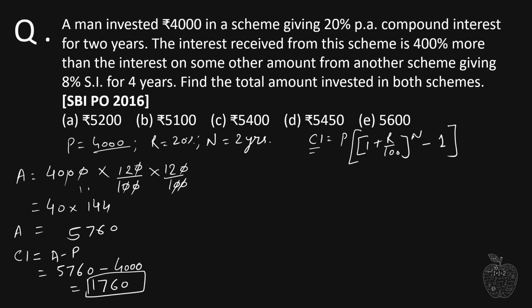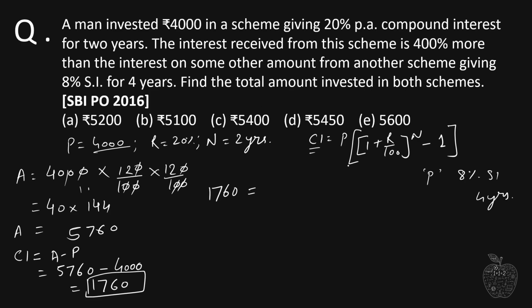Okay, now the interest received from this scheme, that means this interest, which is 1760, is 400% more than the interest on some other amount, let's call it P, from another scheme giving 8% simple interest for 4 years.